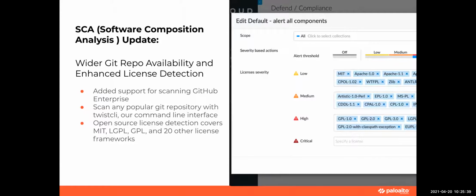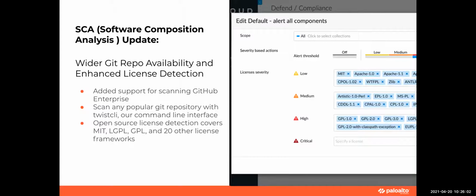With this, users would be able to create rule-based thresholds and identify which licenses are agreeable, acceptable or tolerated in their enterprise compared to which are not, and subject their code repositories to license compliance scans.